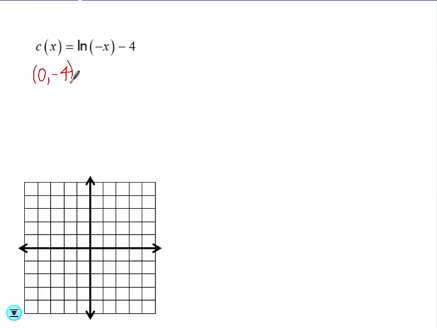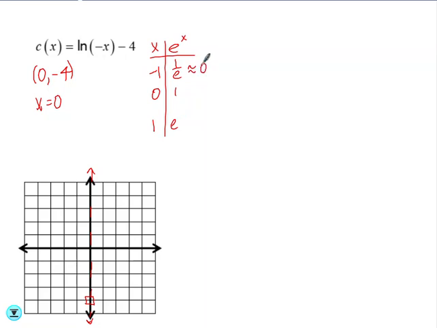So our starting point is (0, -4). Your vertical asymptote goes through your starting point, so that's x equals 0. Since this is a natural log, our base is e, so I'm going to think about the exponential function e to the x. You'll need your calculator to figure out approximately what these decimals are equal to.